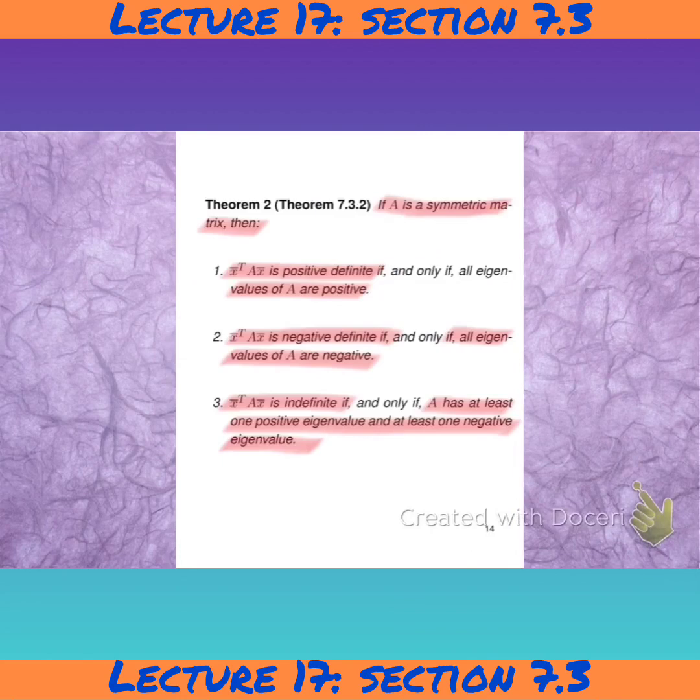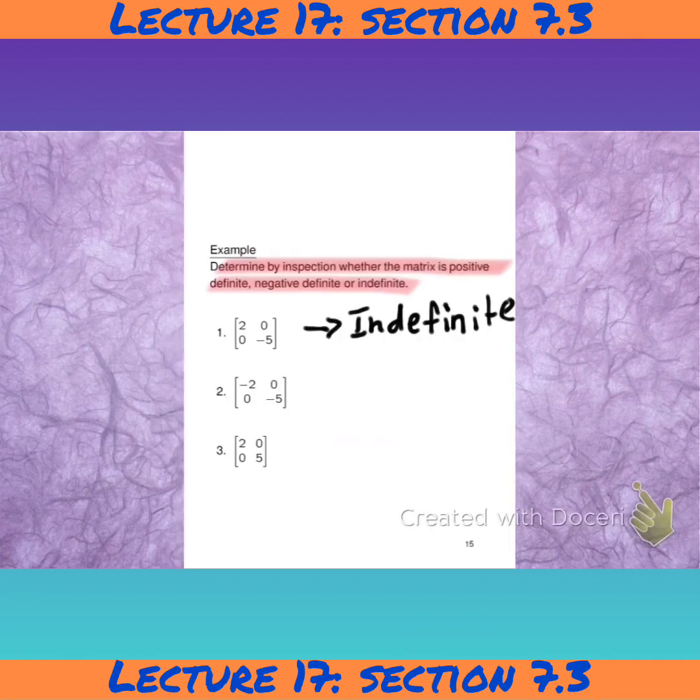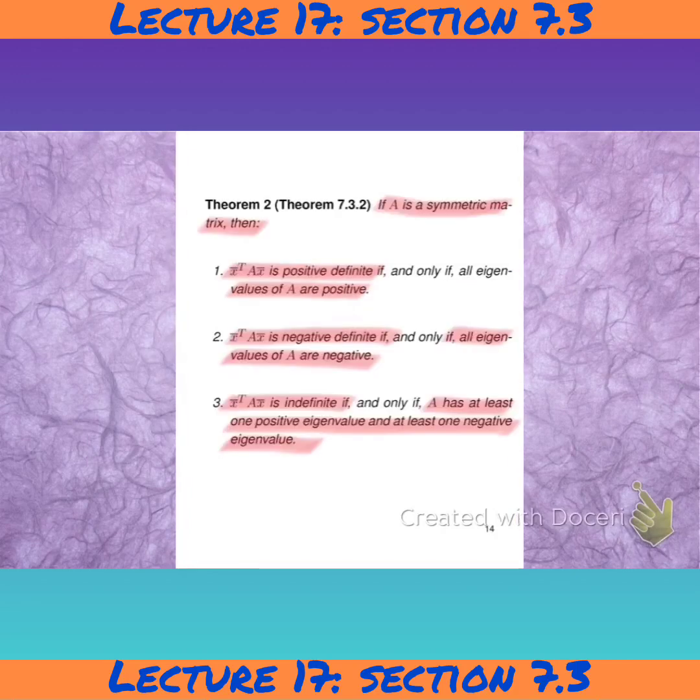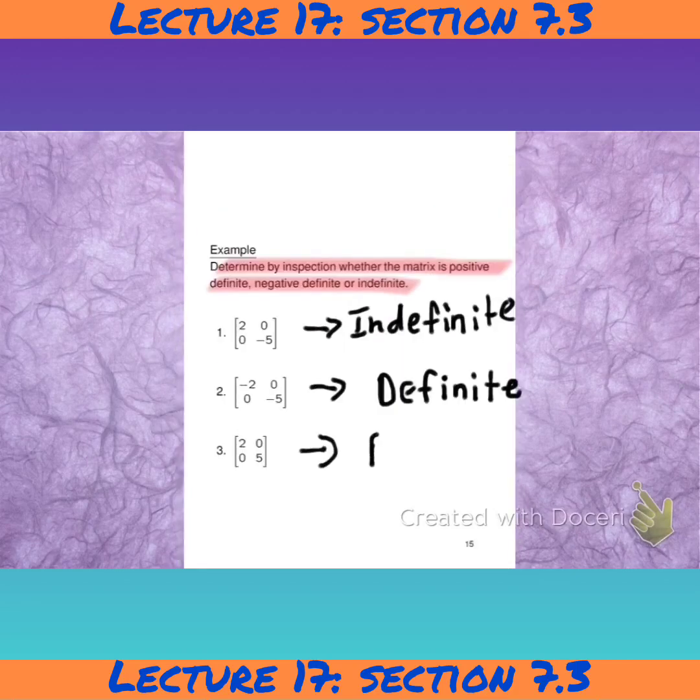So that is going to be negative definite, right? And this last one is only positive, right? So that's going to be positive definite.